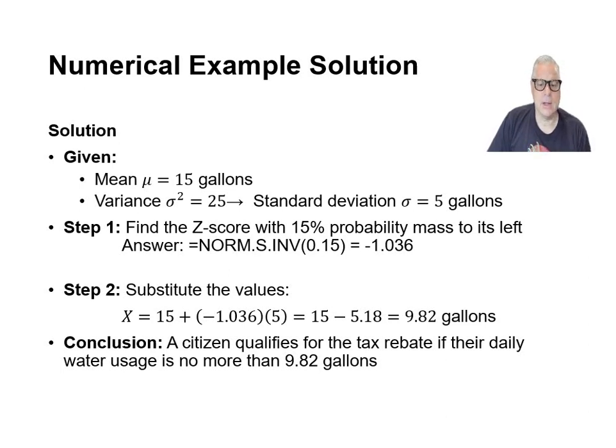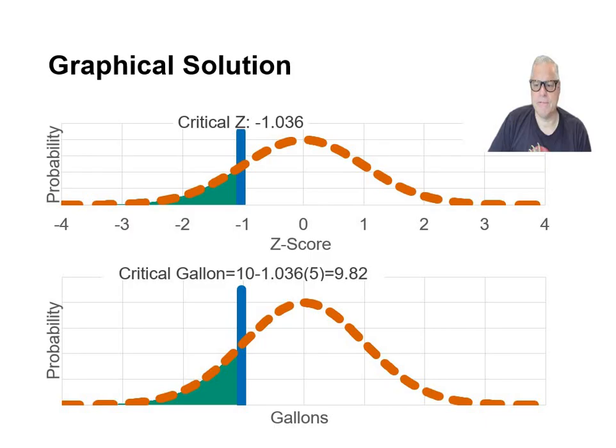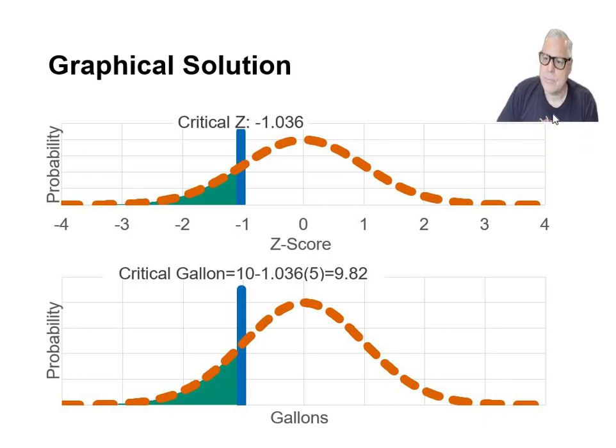And here I also show you graphically what it looks like when you draw it accurately. So we have here the z-score, and we can see that to the left of a z-score of negative 1.036, so 1.036 standard deviations below the mean, we have 15% probability mass, so this green area is 15%.